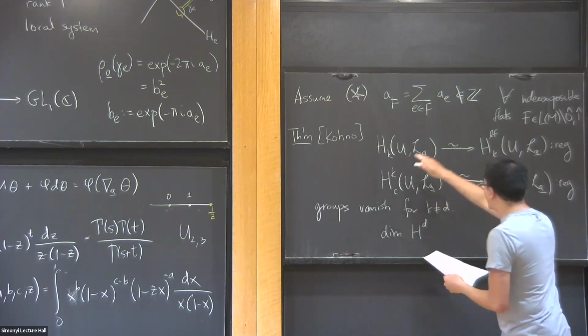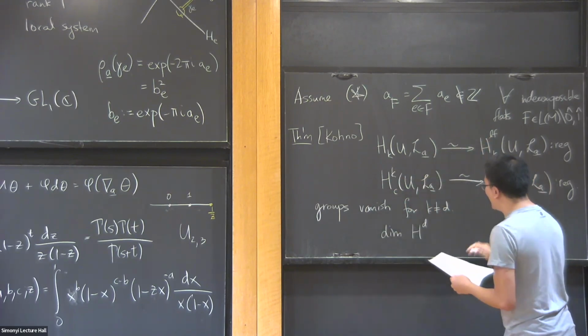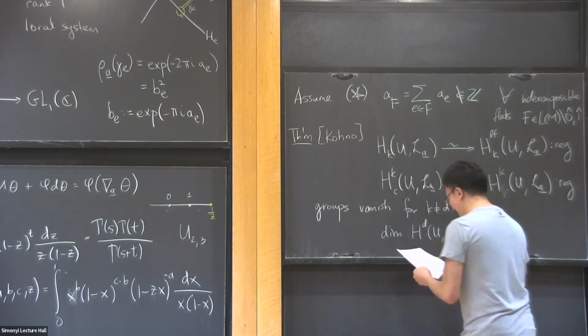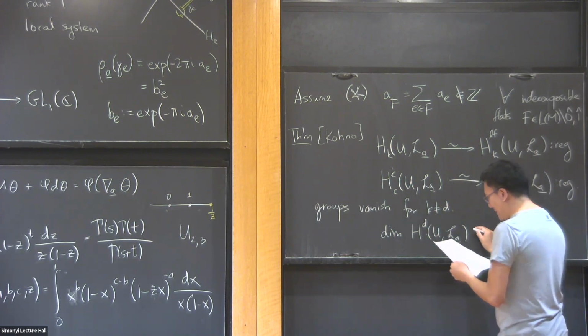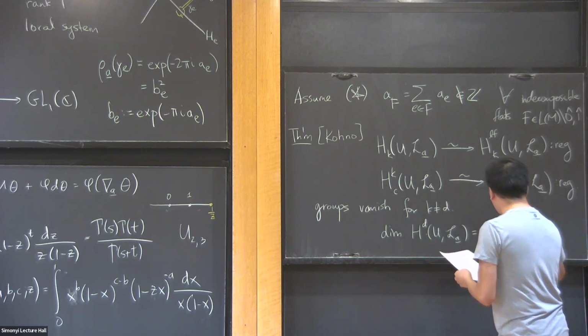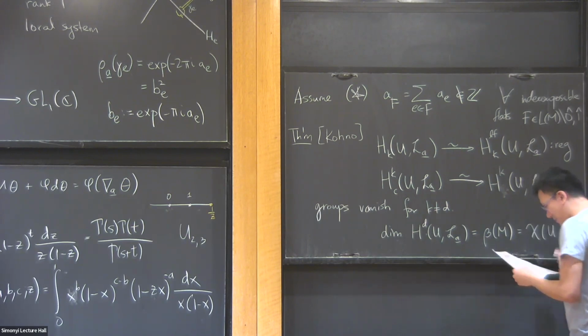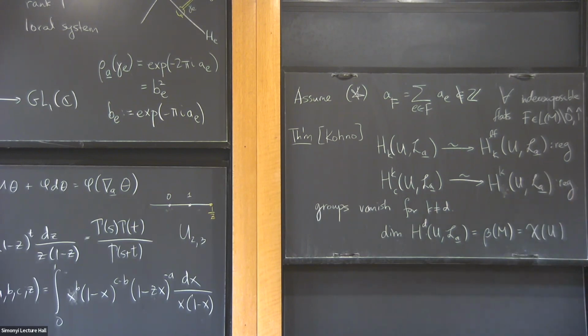So all four of these have the same dimension. For this one, the dimension is just the beta invariant, which is the Euler characteristic of U.